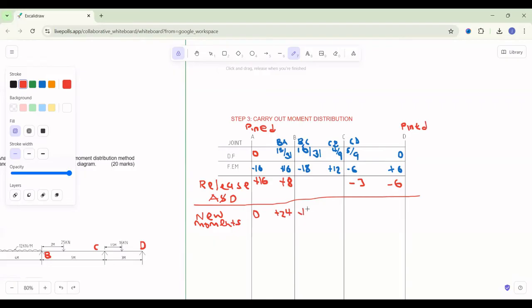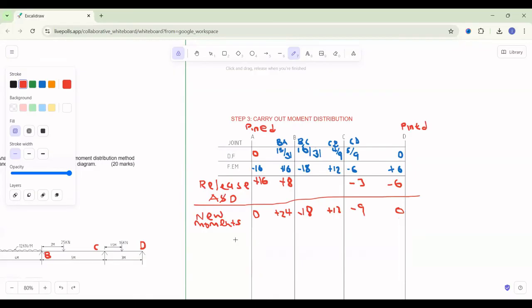This will remain negative 18. Also will remain positive 12. It will be negative 9. And this will be 0. So we are not going to do any distribution here. Normal distribution here. Take note of that.